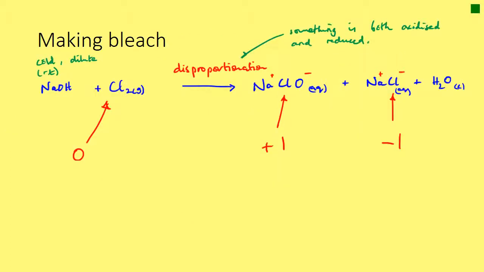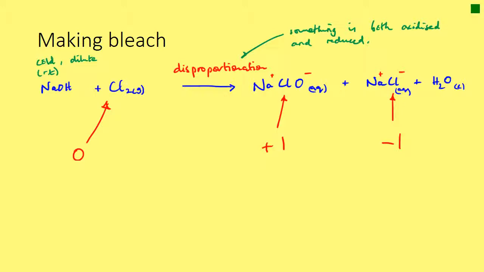Okay, so how do we make it? Well, we make it starting off with chlorine gas. We're going to react that with some sodium hydroxide, and we use cold, actually room temperature, which is cold compared to most chemical reactions in industry.